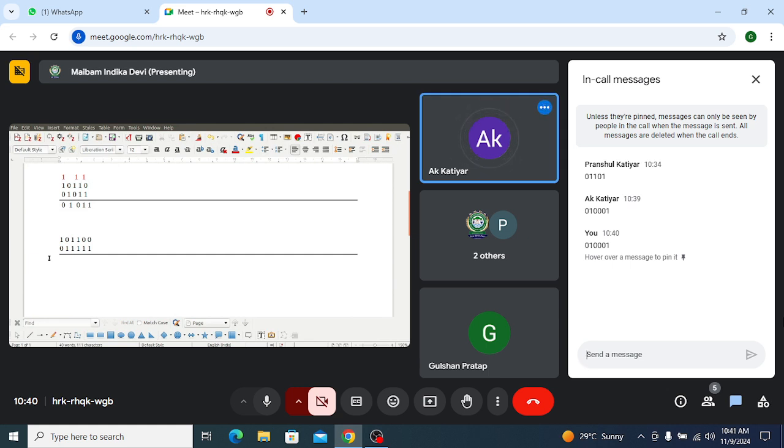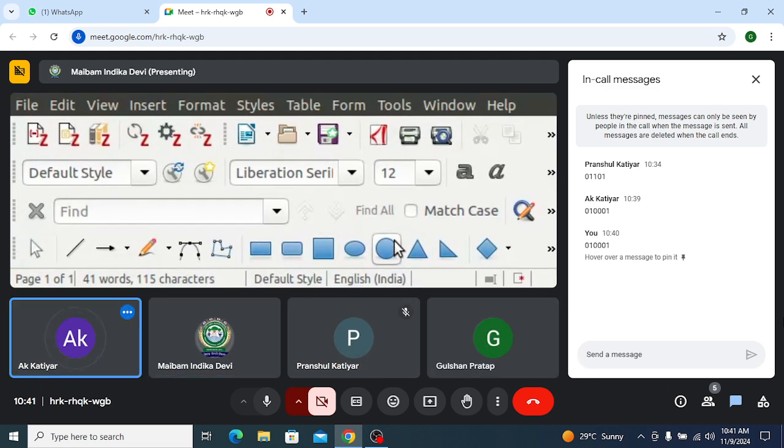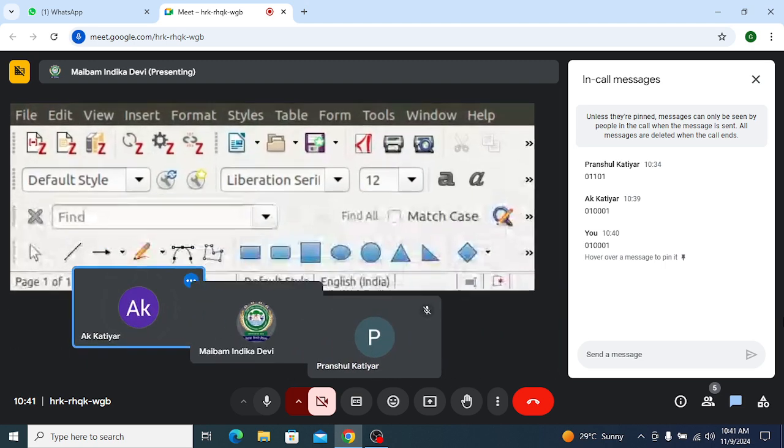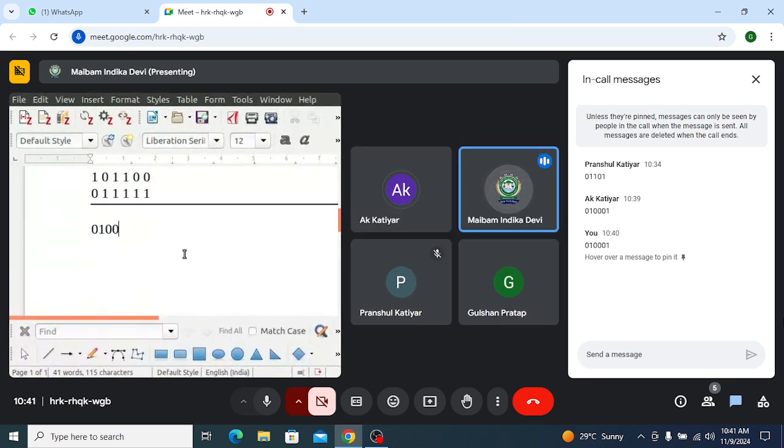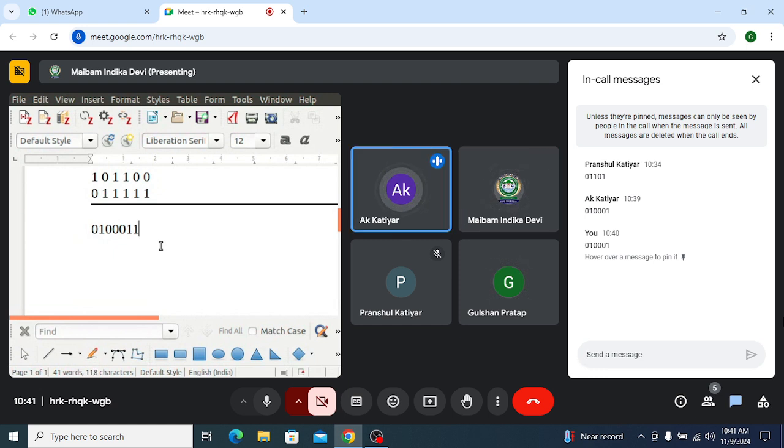010001. What is it? 010001. Triple 01. Ma'am, 010001.